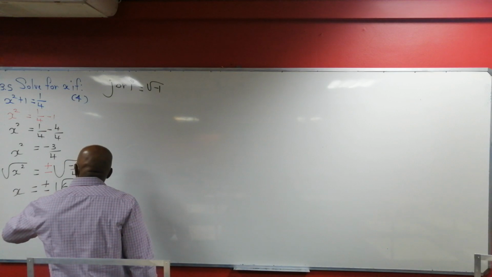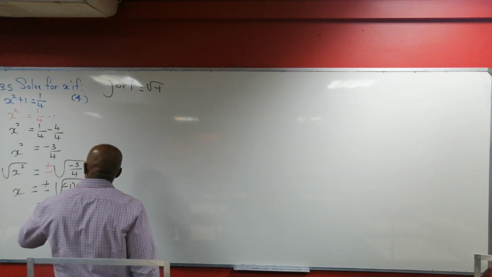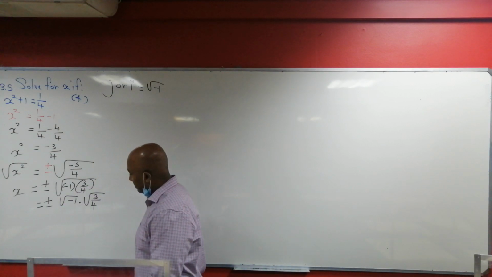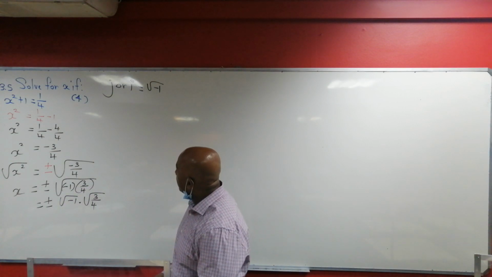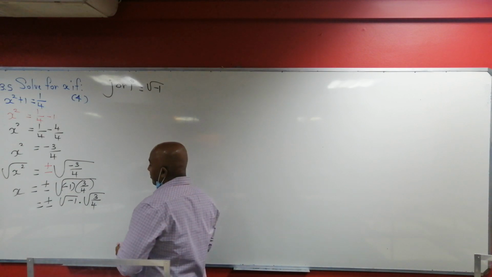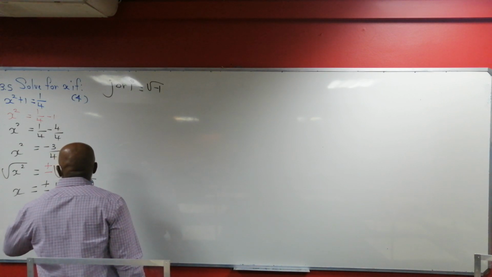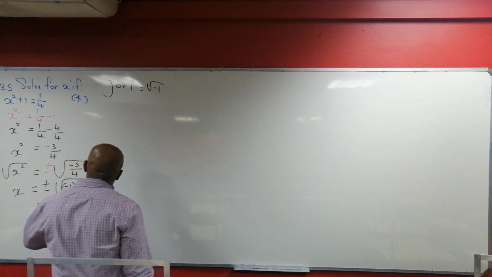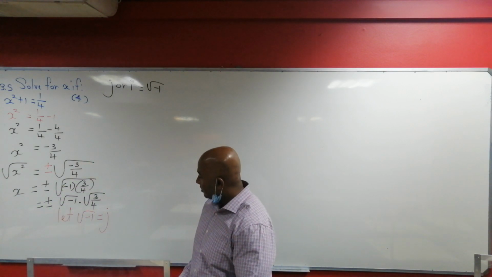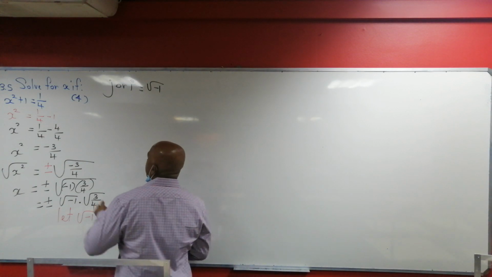So that's going to be the square root of negative 1 times the square root of 3 over 4. So now you know that j or I is equal to the square root of negative 1. So you're going to say let the square root of negative 1 equal to j or I. It's up to you.